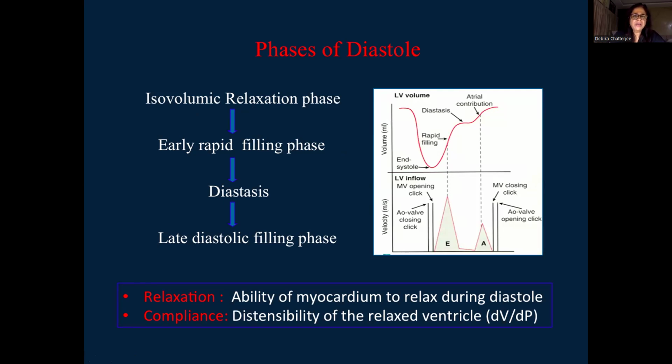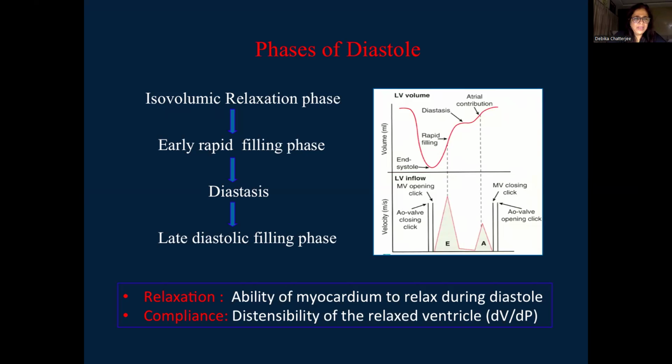It is in this phase that calcium ion is taken away from the sarcomere, as a result of which the myocardium relaxes and the LV pressure comes down. So how long will it come down? In the meantime, during diastole, the left atrium is getting filled up with blood from the pulmonary veins.